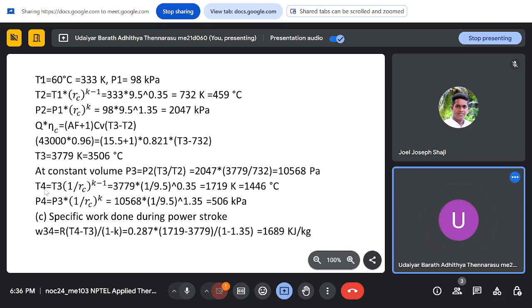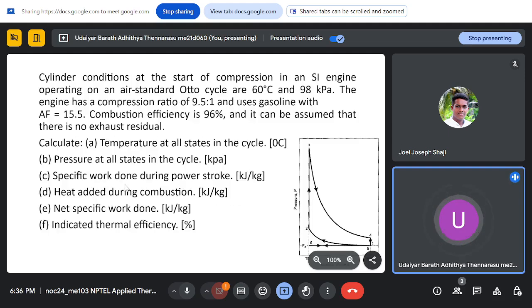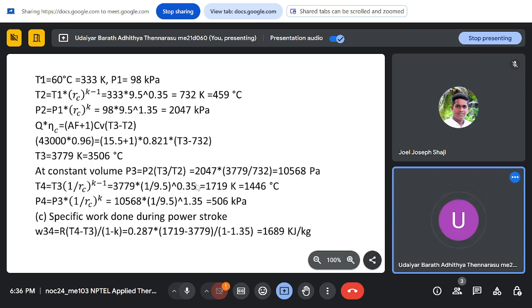Then T4 is T3 into 1 by RC raised to power gamma minus 1, because if you go back to the cycle, volume at state 2 and state 3 is the same, and volume at state 4 and 1 is the same. So the compression ratio between process 1 to 2 and process 3 to 4 will be the same. It's just the expansion ratio, the inverse of 1 to 2. That is a reversible adiabatic expansion.